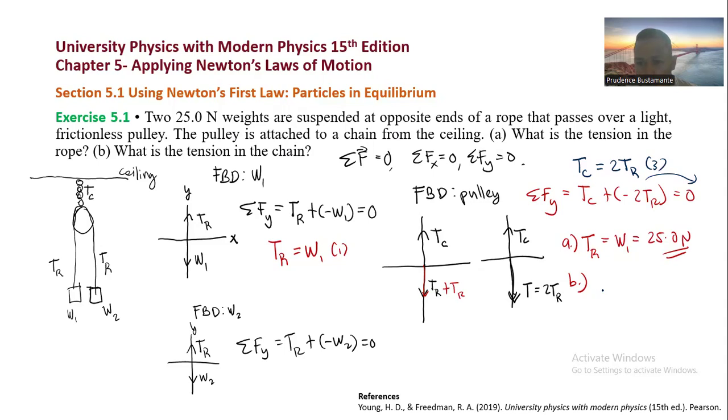From equation 3, the tension on the ceiling is equal to 2 times the tension on the rope, which we know is 25.0 Newton, so 2 times 25.0 Newton is equal to 50.0 Newton.